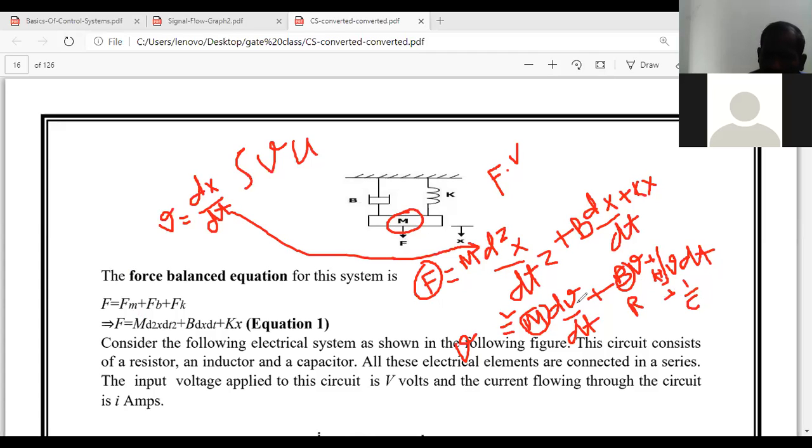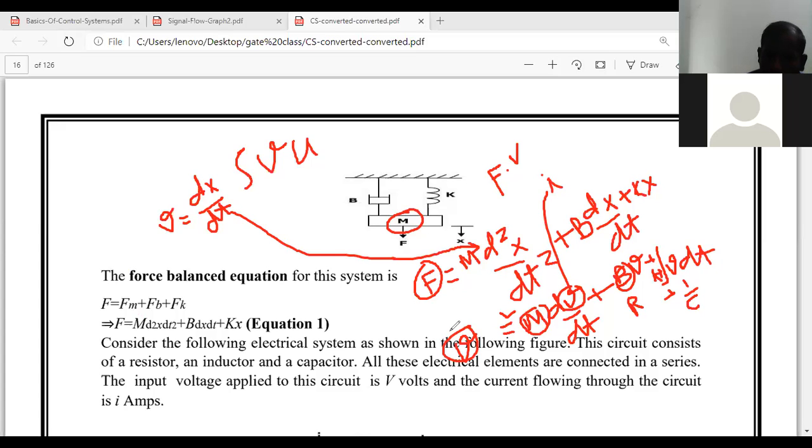And this v is velocity, right? In the electrical system it is equivalent to I, because force is represented by voltage V. Therefore, velocity becomes equivalent to current only, right?